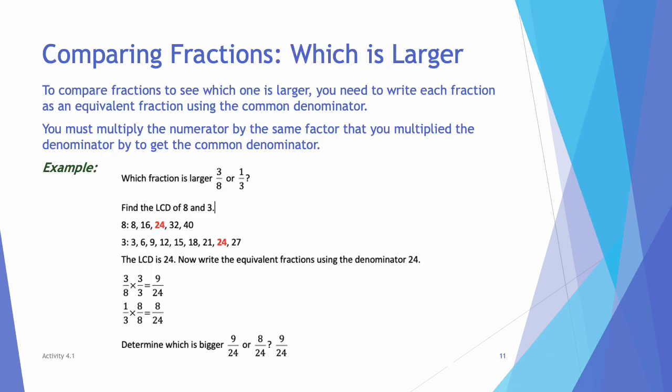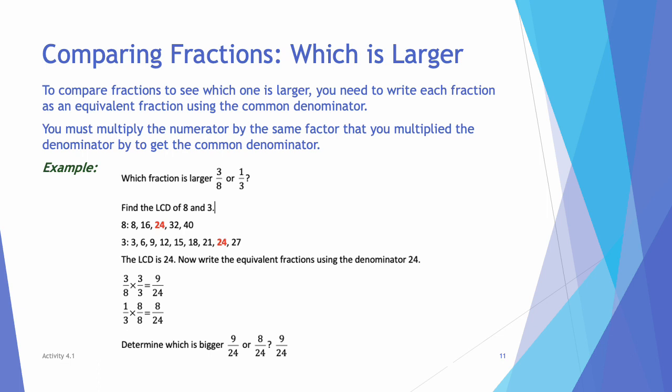To compare fractions to see which one is larger, you need to write each fraction as an equivalent fraction using the common denominator. You must multiply the numerator by the same factor that you multiplied the denominator by to get the common denominator. So, for example, which is larger, 3/8 or 1/3?